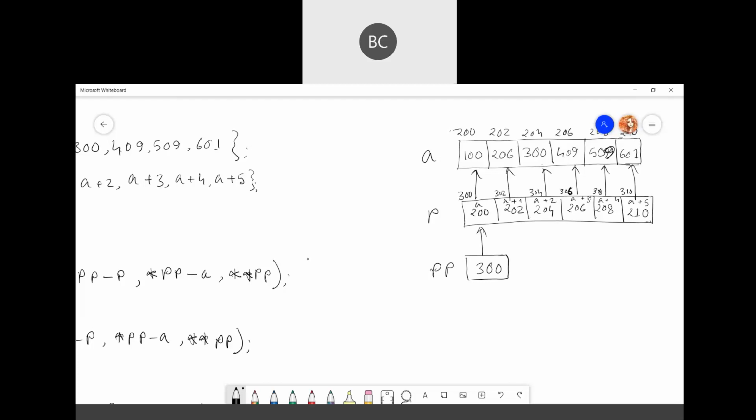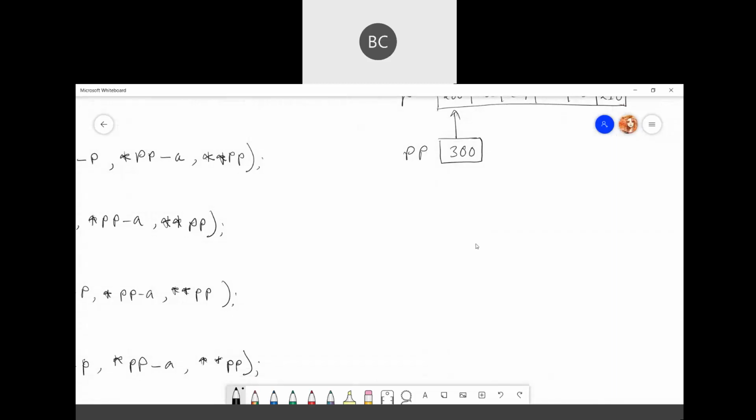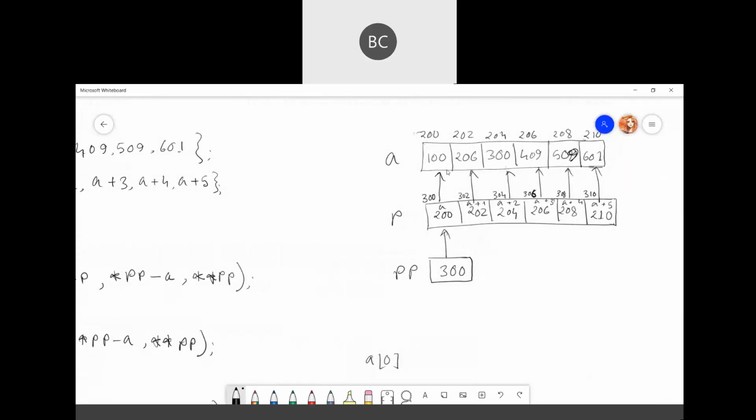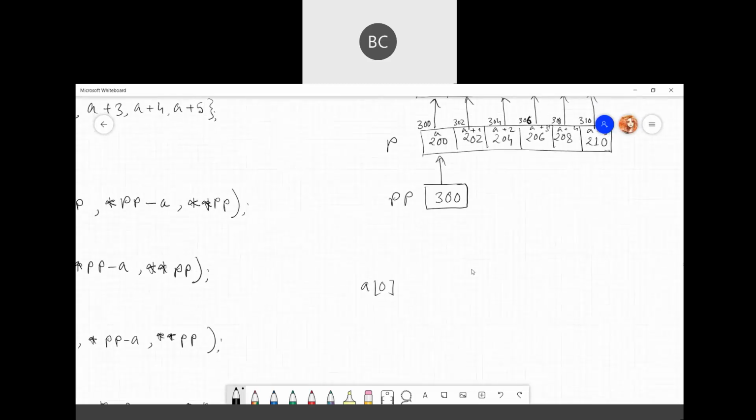So how can you access any element of this array? This array is linked with both P and the double pointer PP. One way to access your array is A[0], the simplest one. You can access any array value by providing the index. A[0] will point to the first element, that is 100. If you want the second, you just provide the index like A[1], A[2], A[3], A[4], and so on.